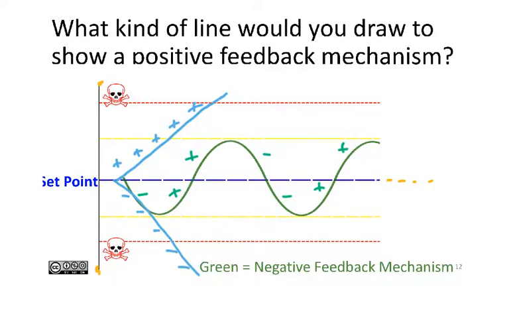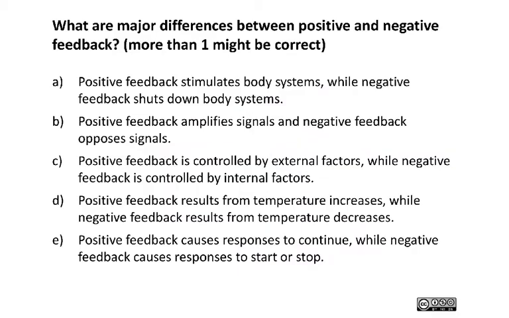No return to the set point. So what we need to see for a positive feedback mechanism to work in a healthy body is that the result of the positive feedback mechanism is eventual removal of the stimulus. So take a look at this question, think about it, and we will talk about it in our Collaborate next week. Make sure you pay attention to that.